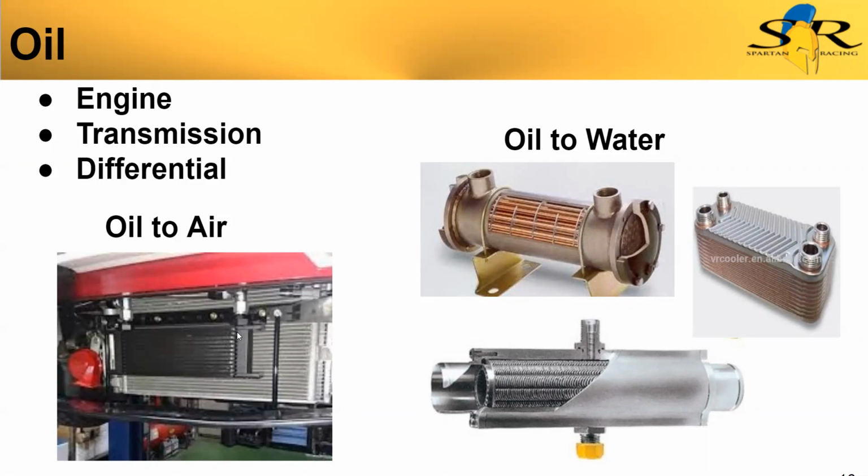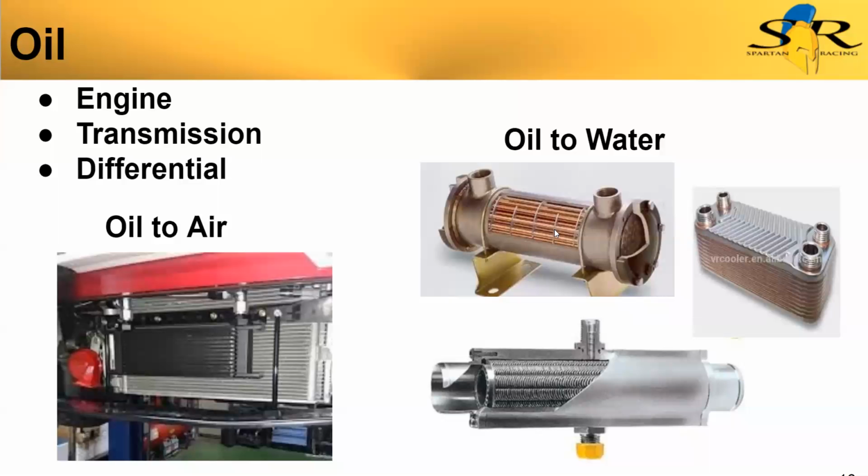The heat is rejected to the atmosphere through the air, just like the heat from the water. Then on the right, there are some oil-to-water coolers, or heat exchangers, where you can see there are two sets of coils. Water flows through the outside and the oil flows through the tubes on the inside.